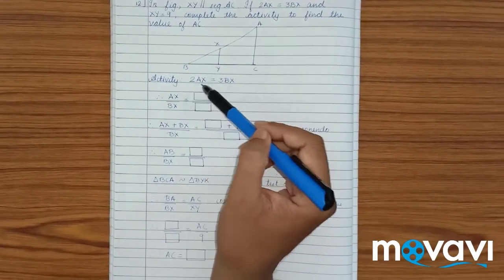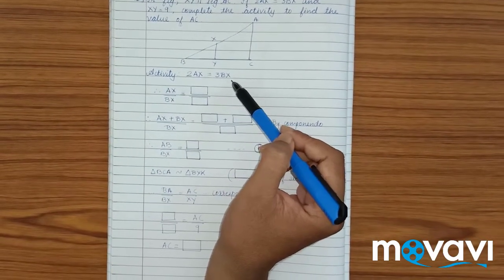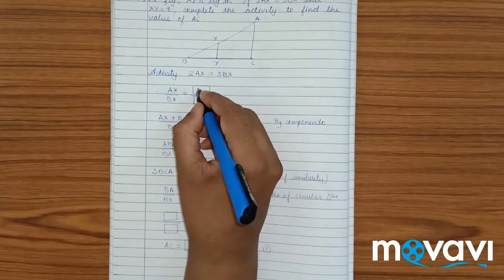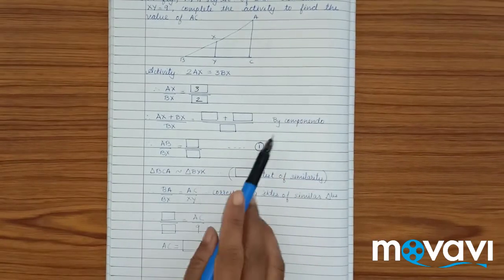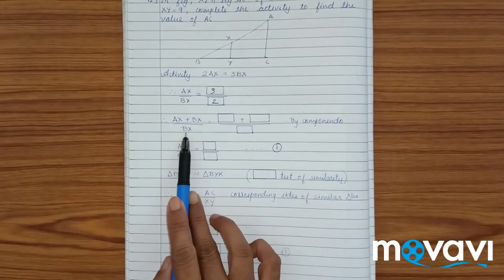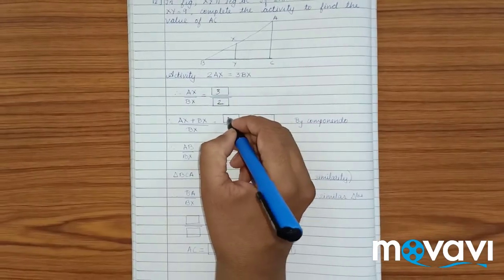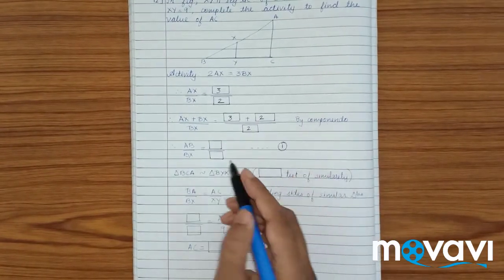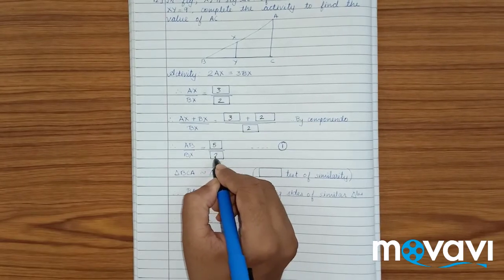Okay, so the activity begins with what is given. 2AX is equals to 3BX. Therefore, AX upon BX will be equal to what? 3 upon 2. Okay, now they have used componendo. That is AX plus BX upon BX. Okay, so this side it will become 3 plus 2 upon 2. What is that? 3 plus 2 is 5 upon 2.